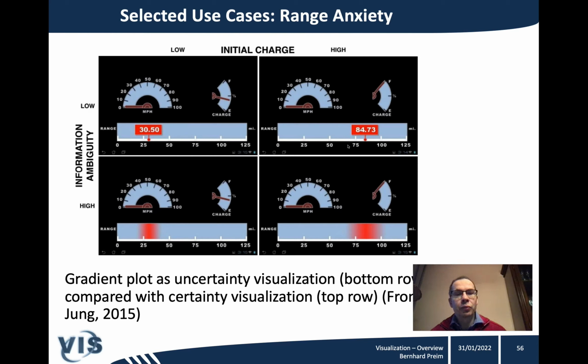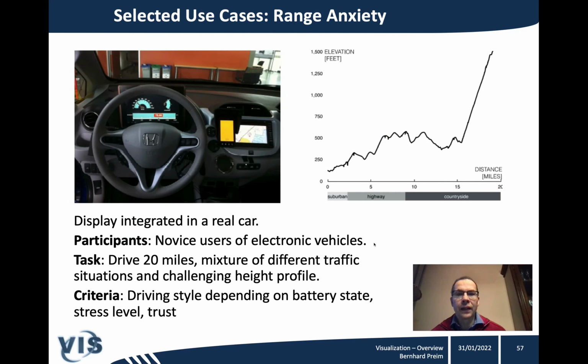That is what I would call a certainty visualization. It includes no uncertainty clue at all, and that is the variant that is transformed to an uncertainty visualization. Of course, that requires a careful quantification of the uncertainty.